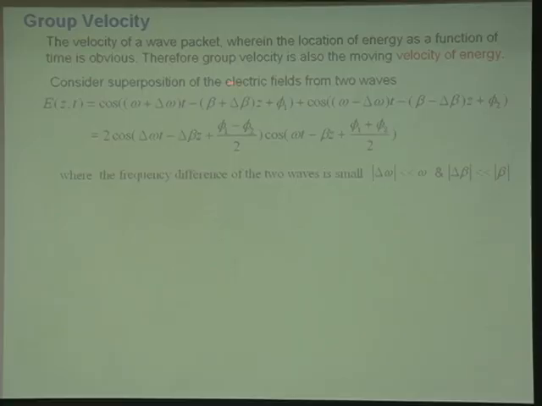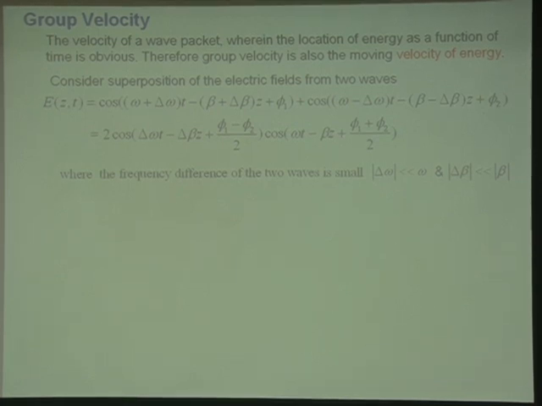So suppose we pick two frequency components, two harmonic waves, that differ by some frequency. Delta omega is the frequency difference between these two fields, and then you sum them together. With this sum, you can convert the summation into a multiplication.